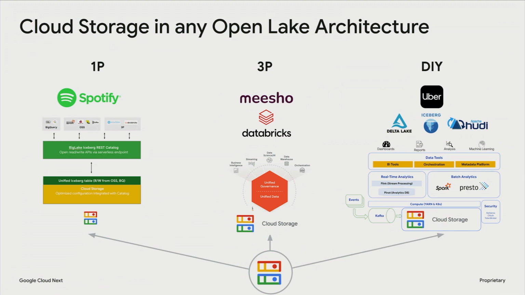And some very large customers like Uber build their own data analytics on top of GCS, leveraging a bunch of different technologies, as well as some open source and homegrown technology. Having your data in an open data format stored on GCS really gives you a lot of options and flexibility, and lowers the cost for all of your analytics and open lakehouse architecture.